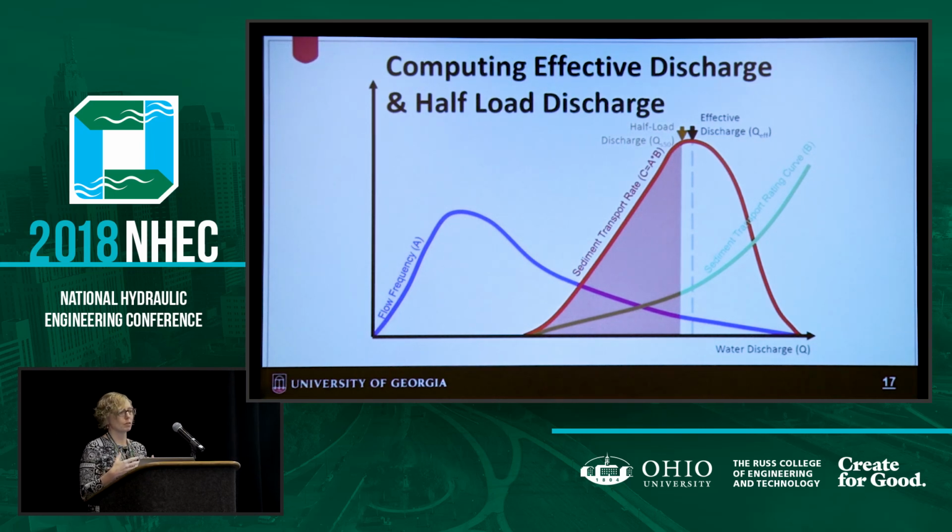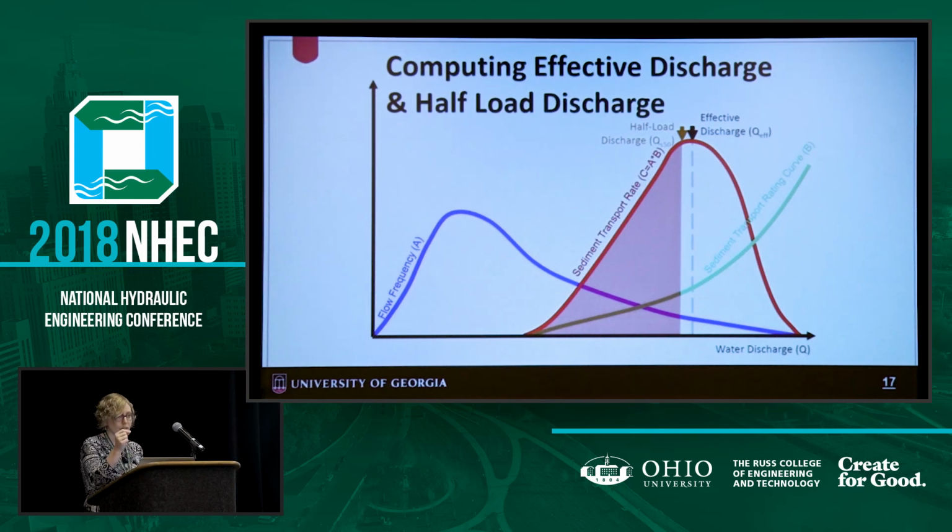This would be an example of a gravel bed or cobble bed stream where it actually takes a pretty high flow event to even start the material moving. If you had a sand bed stream, for example, this curve might come all the way back down to 0 because you've got material moving even at really low flows. The red line is the product of the blue and the green. You multiply the flow frequency by the sediment transport rating curve, and you get the sediment transport rate.